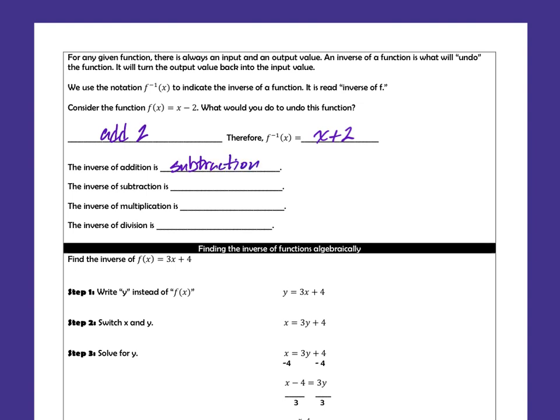The inverse of subtraction is addition. The inverse of multiplication is division, and the inverse of division is multiplication. You guys all knew that. Good job.